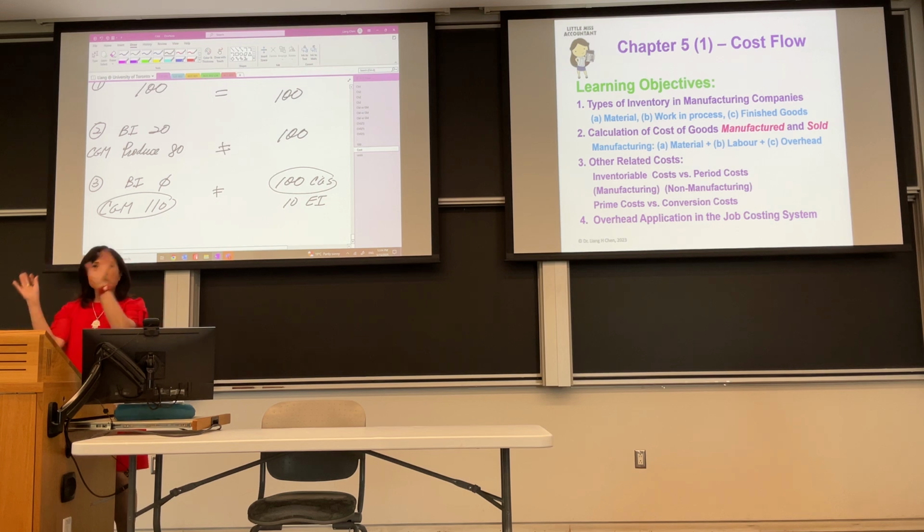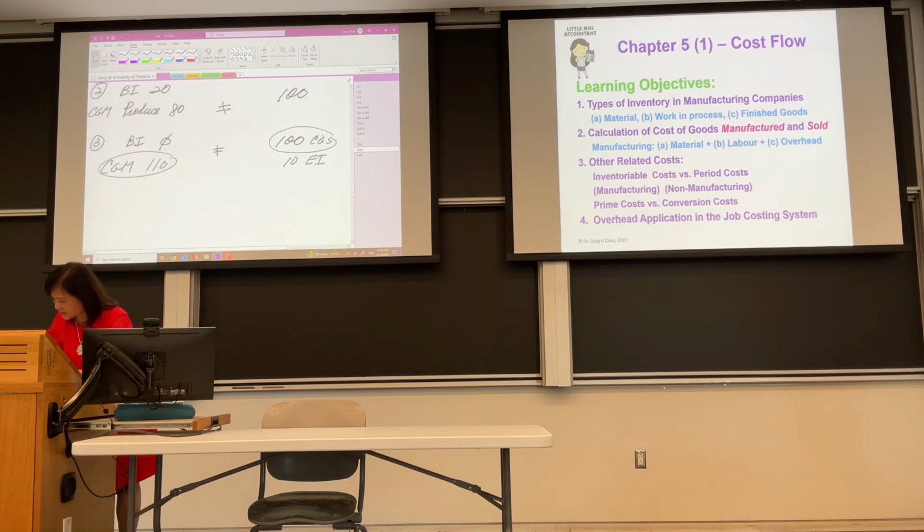So cost of goods manufactured and cost of goods sold can be the same if my beginning inventory and ending inventory are identical, either 0 or the same number. So for example, beginning is 10, ending is 10, then cost of goods manufactured, how many I need to make, and how many I'm going to sell, cost of goods sold, will be the same, 100 and 100.